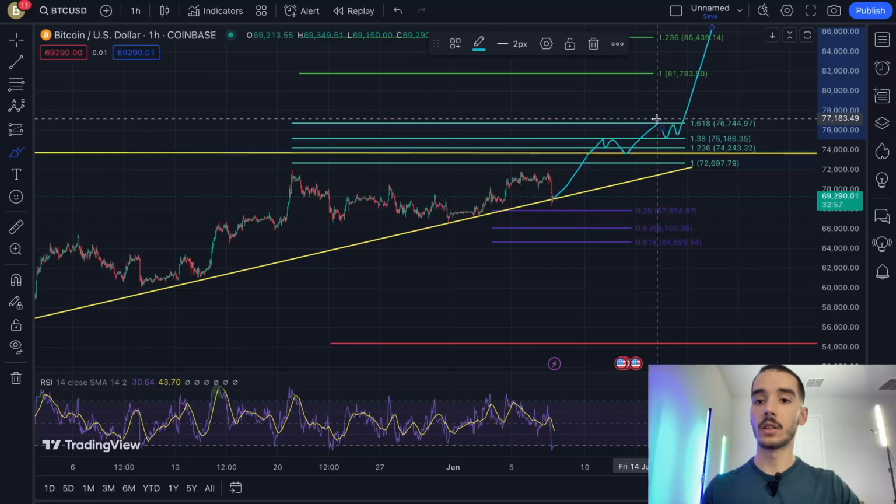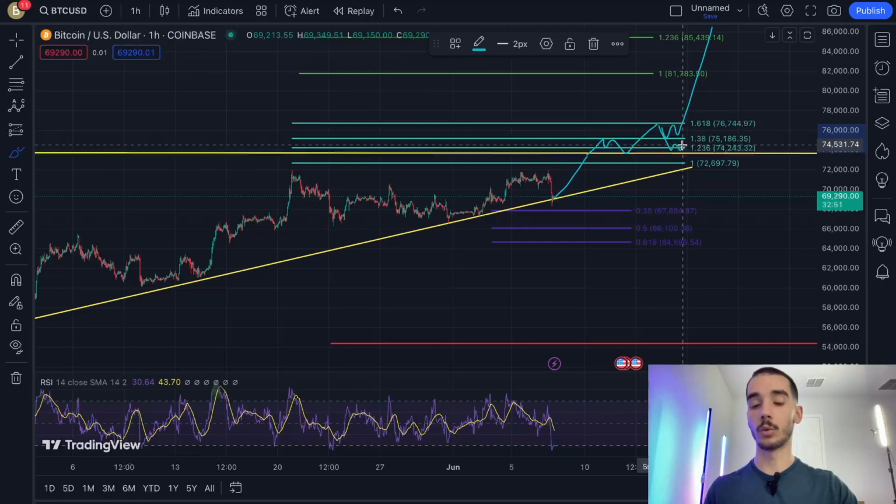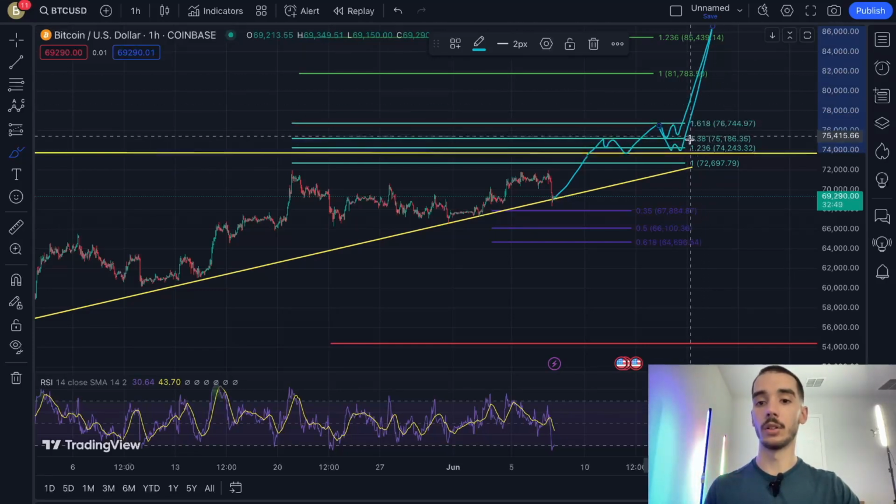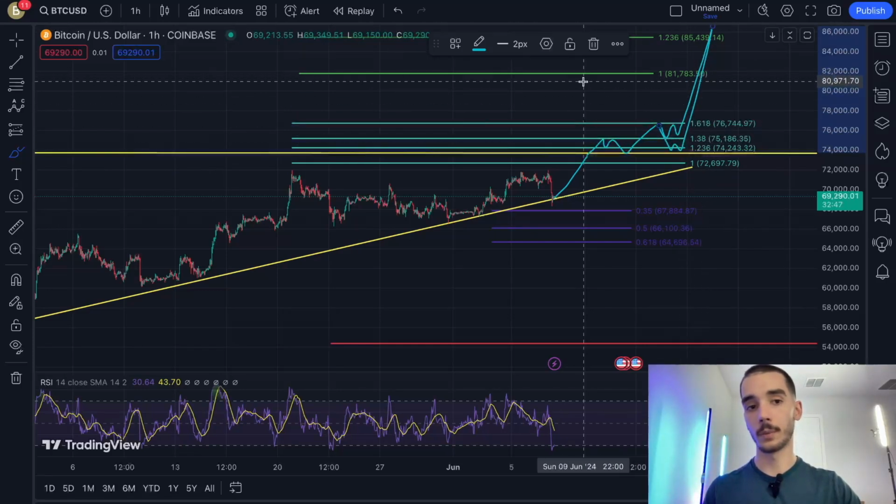We can also potentially see it come down, consolidate once again at the all-time high, which would then act as a support, and then break up higher towards that direction.